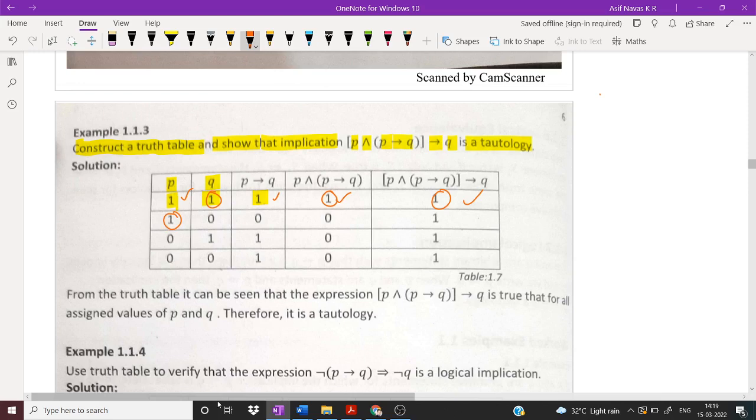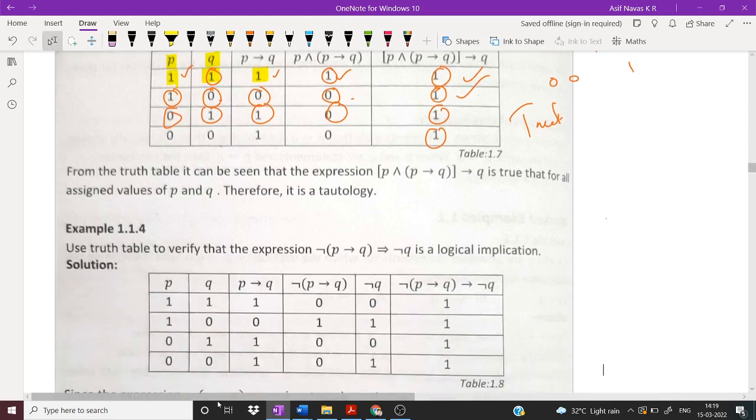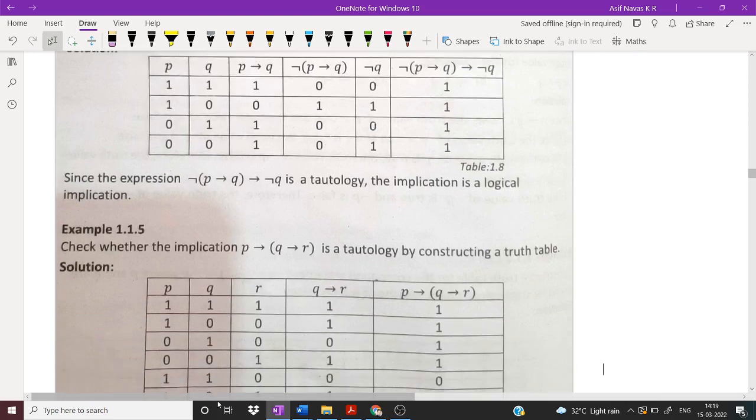Now if P is 1 and Q is 0, P implies Q is 0, so P conjunction P implies Q is 0. Then 0 implies Q, which is 0, gives 0 implies 0, which is 1. We know that if both P and Q are 0, then P implies Q is 1. Similarly, we can do all these values, and we get all values in the last column as 1. Therefore this is a tautology. Similarly, we can do some other problems.